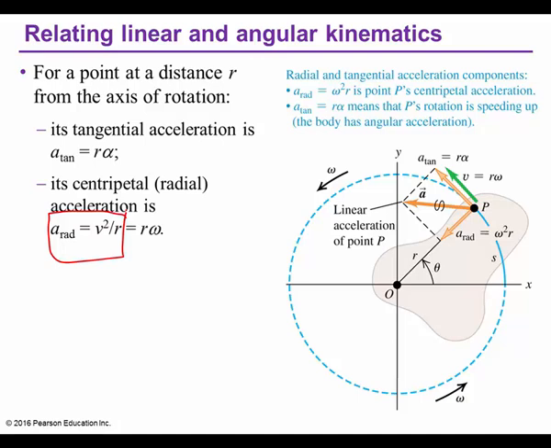Remember that equation back in linear? 4 pi squared r over t. T squared, yes, thank you. 4 pi squared r over t squared. Remember that equation? That's another way to find radial acceleration. So don't forget that you could substitute that in right there.